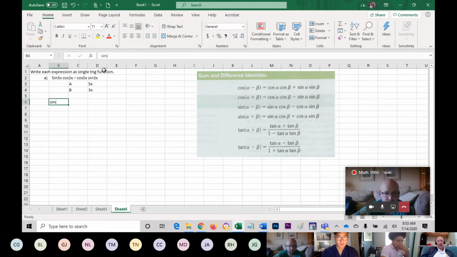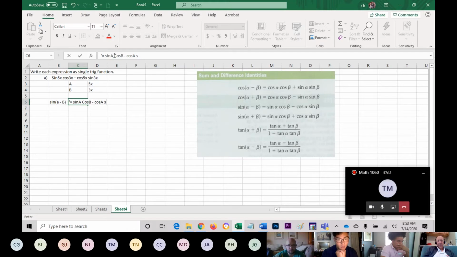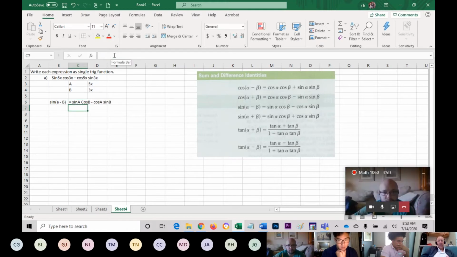The sine of A minus B equals sine alpha cosine beta minus cosine alpha sine beta. So all we're doing is we're using this in reverse.